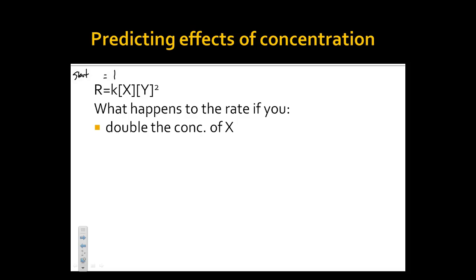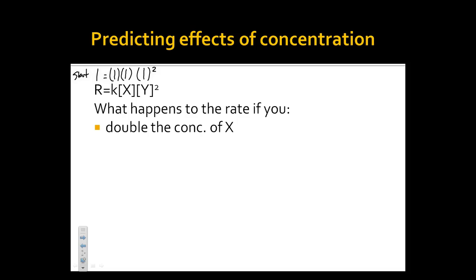It's a constant, and so I'm going to say it's 1. They don't tell me the initial concentration of X, so I'm going to say it's 1. And they don't tell me the initial concentration of Y, so I'm going to say it's 1. Now, it would still be squared because that's the formula for my rate law. If all that is true, then what is my rate? 1.